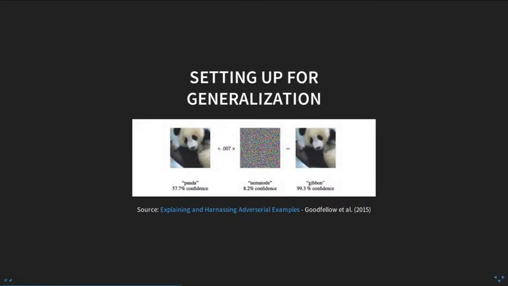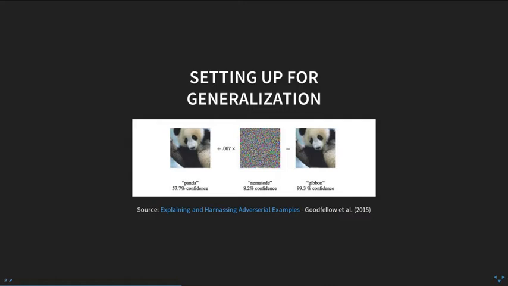Now, this is one of my favorite examples for machine learning gone wrong. There's an image classifier that tries to predict what object is in an image. And this paper by Ian Goodfellow and others had this very neat setup where they tried to corrupt the input image with a very nonsensical noise.